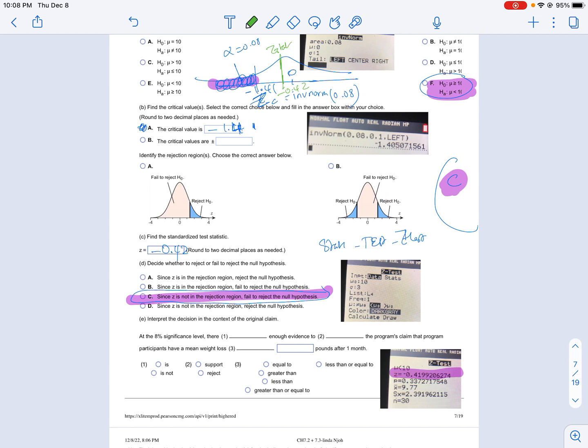So it's not in the rejection region. So at the 8%, there is not enough evidence to reject the program's claim that program participants have a mean weight loss greater than or equal to 10.